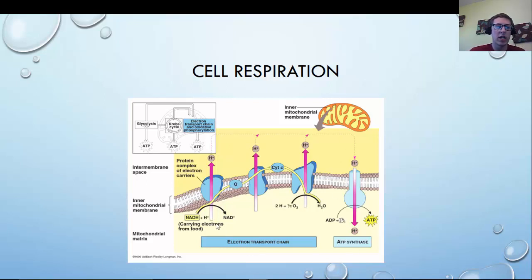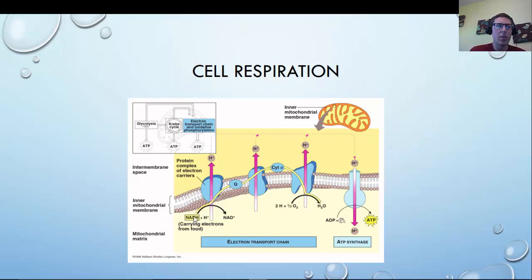And specifically chemiosmosis, remember, this is where you form this gradient, these electrons coming through. You're going to form this gradient of hydrogen ions, and when they go through, they make ATP through ATP synthase, probably the most famous enzyme.